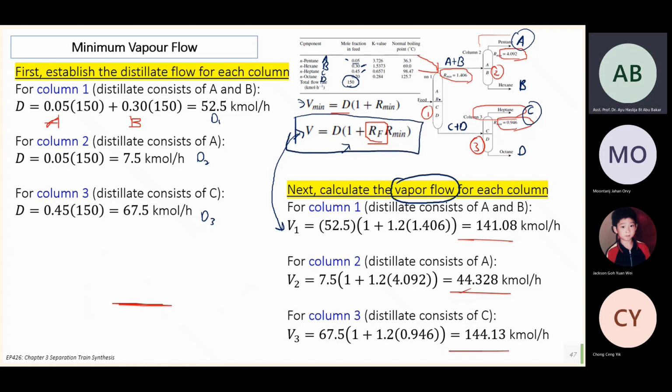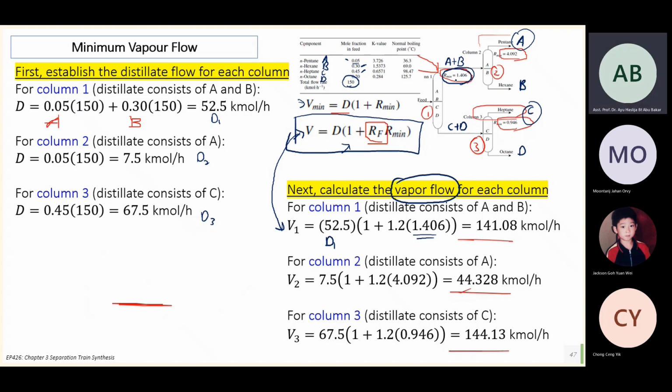Okay, so V1 for column 1, using the D1 just now. Okay, so this is the D1. The D1 for column 1 multiplied by 1 plus RF R min. So just now it already mentioned 1.2 multiplied by R min. Where does this figure come from? Given. Okay, it's given here.